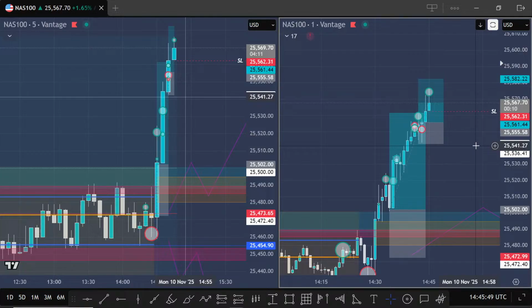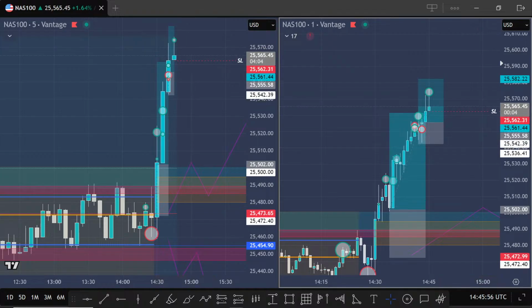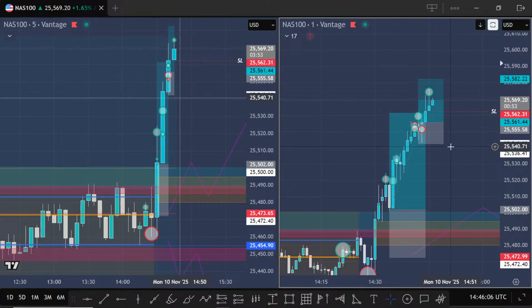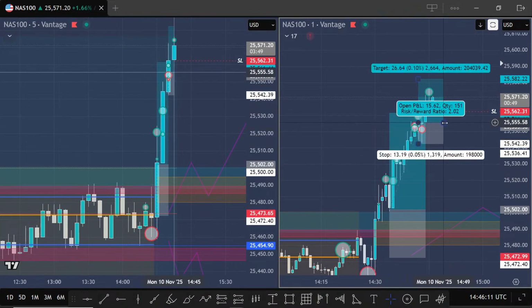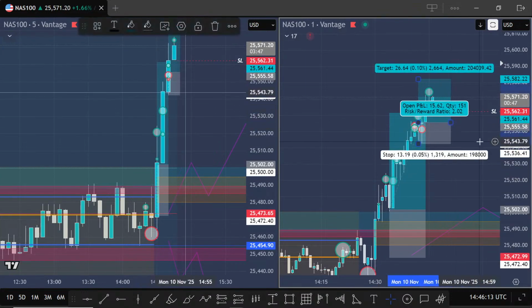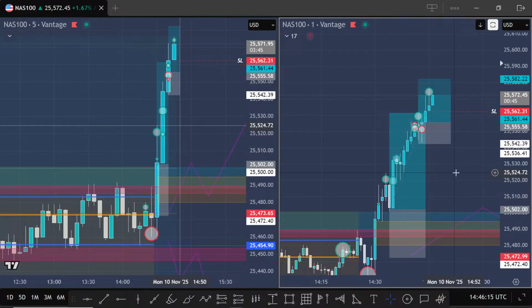But you can see how it's super easy to just believe you've missed the move and then give up when there's definitely an opportunity somewhere within the space. Because obviously I didn't get this move, which was big and very quick.